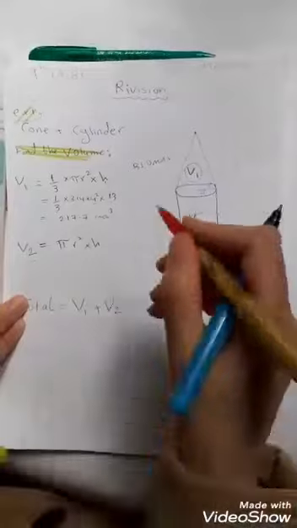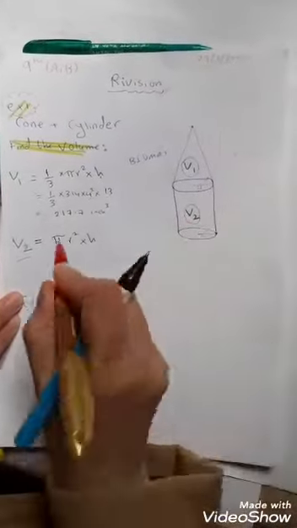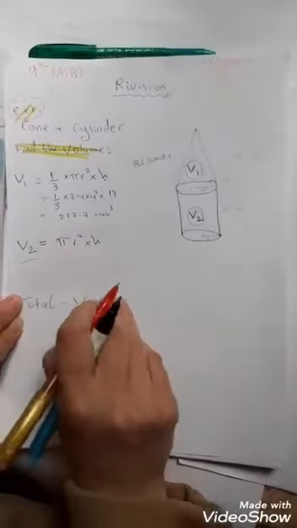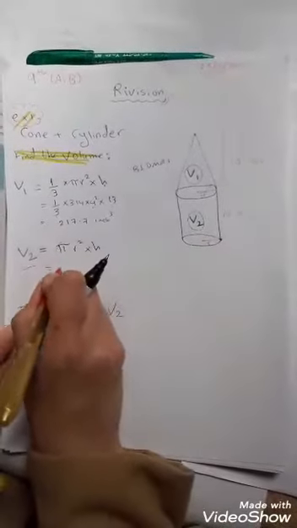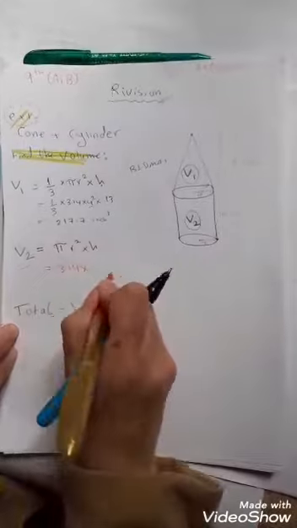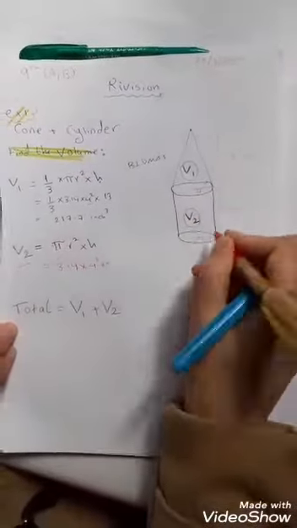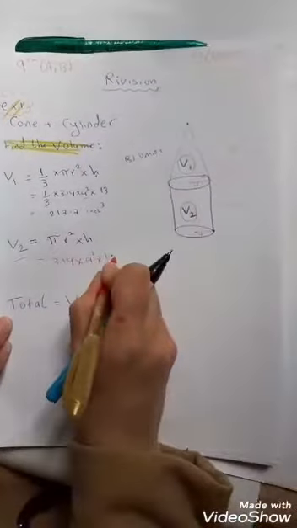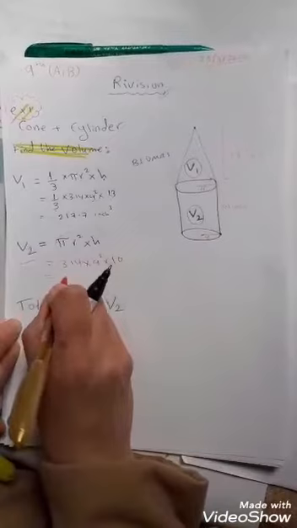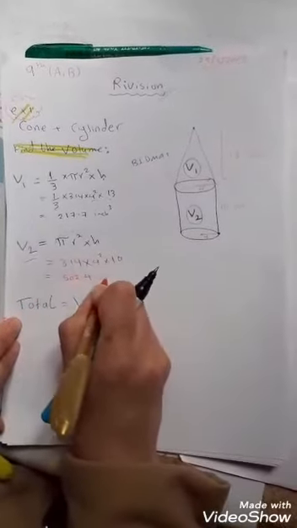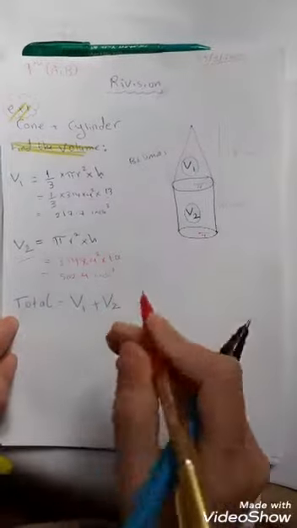Now V2, the volume of the cylinder, is pi r squared, the area of the circle, times the height. So 3.14 times 4 squared times the height, which is 10. If you multiply them, 4 squared, 16, times 10 times 3.14 will be 502.4 inches cubed.